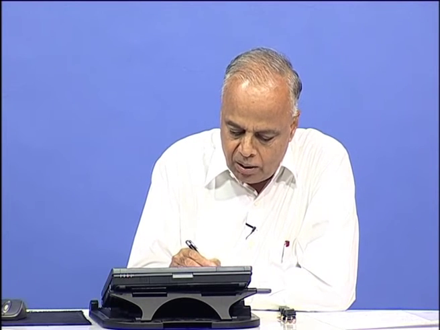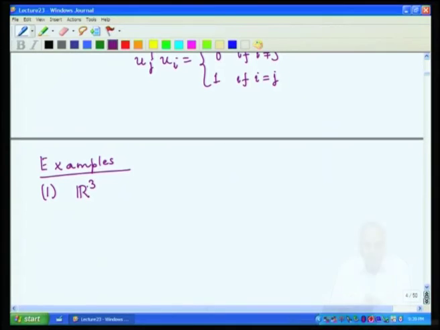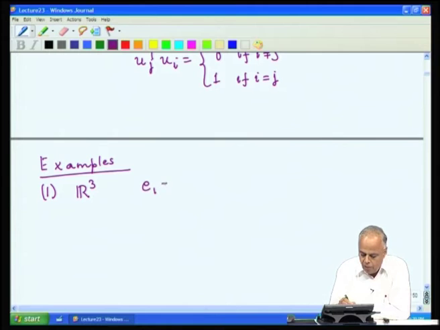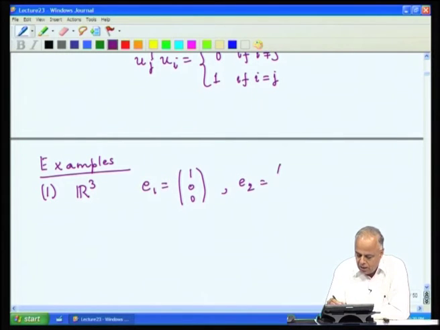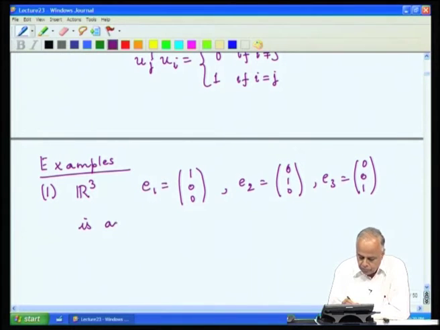So in R 3, in our vector space notation, we denote the i vector as e 1 = (1, 0, 0), this is the j vector e 2 = (0, 1, 0), and e 3 = (0, 0, 1). This is an orthonormal set in R k.